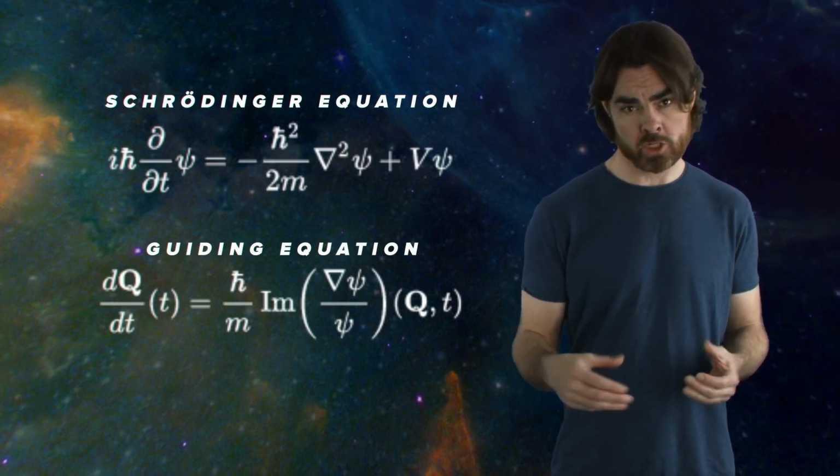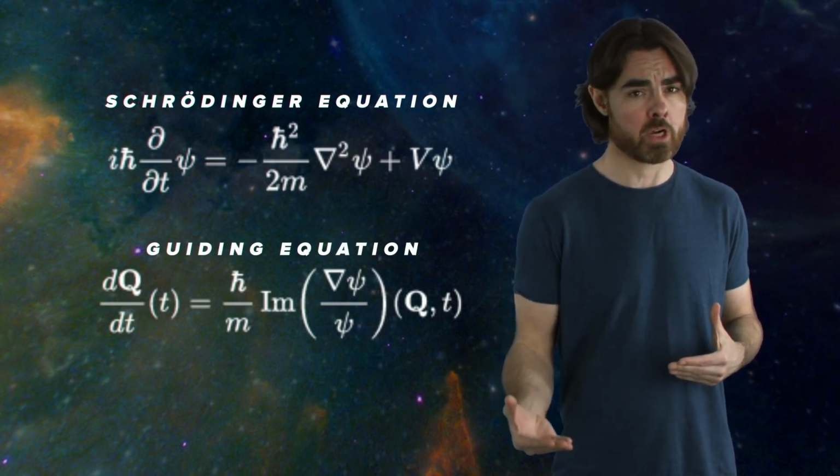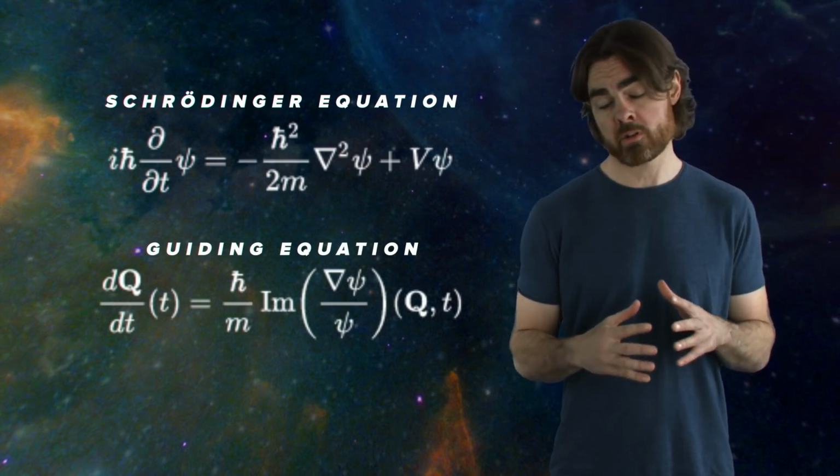However, the guiding equation is derived directly from the wave function, so some would argue that it was there all along. A more troubling requirement of Bohmian mechanics is that it does contain real complexity that is not encoded in the wave function. That's something that Niels Bohr was so fervently against.